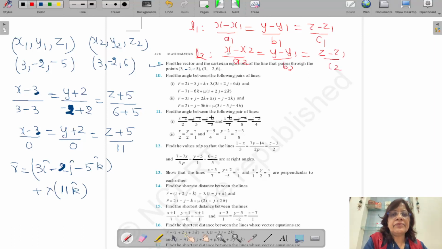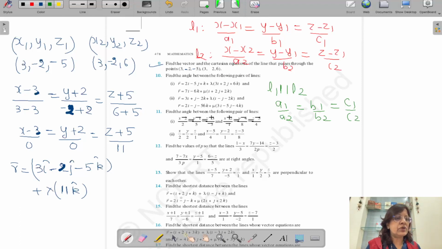The lines are given. Now, the conditions for two lines to be parallel and perpendicular. So what are the conditions? Line L1 is parallel to L2 if their direction ratios are proportional. That is, the condition is a1 upon a2 is equal to b1 upon b2 is equal to c1 upon c2.